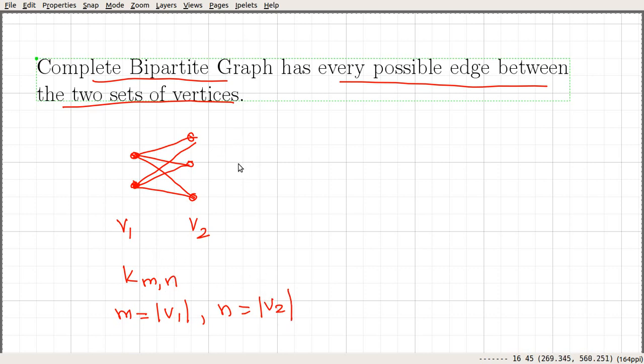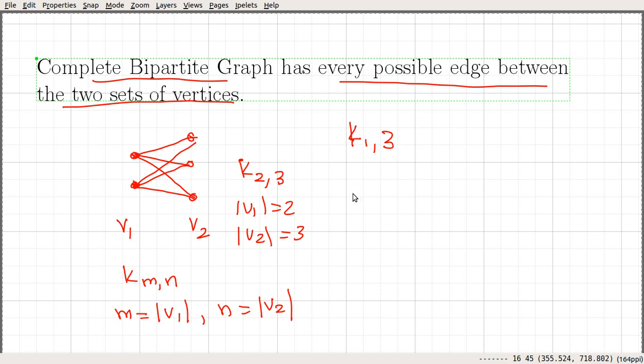This example corresponds to K_{2,3} because the cardinality of V1 is 2 and the cardinality of V2 is 3. Let me give one or two more examples. Let's consider K_{1,3}.